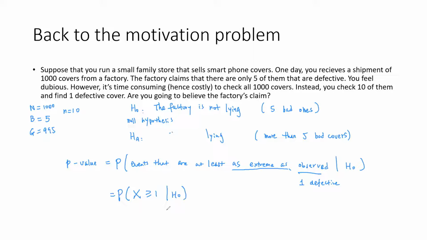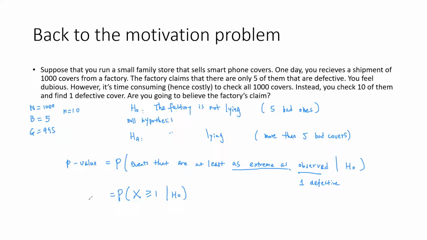That's what we're looking for. If this probability is small, then we would say, okay, it's unlikely to happen that X greater than or equal to 1 if the factory is not lying. But you actually observed it, right? Because you saw one defective cover, then you probably would argue that the factory is lying. But we need this probability.